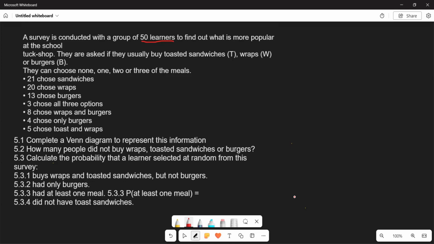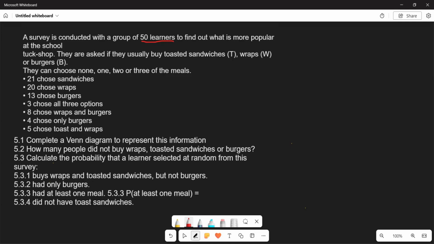Tuck shop. Now they're saying they are asked if they usually buy a toast sandwich, a wrap, or a burger, right? Now they say they can choose none, 1, 2, or 3 of the meals. Now let's see. So they are saying you have 21 that chose sandwich, you have 20 that chose a wrap, you have 13 that chose a burger, and now this is important.